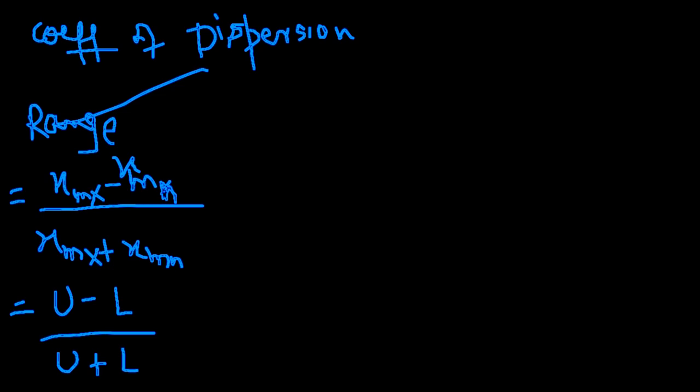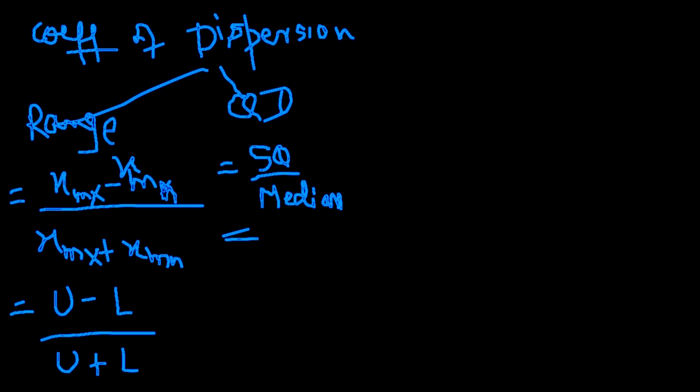Now another is the coefficient of dispersion for the quartile deviation. This is given as the semi-quartile range divided by your median. Now you know the formula of the semi-quartile range. This is Q3 minus Q1 whole upon 2.